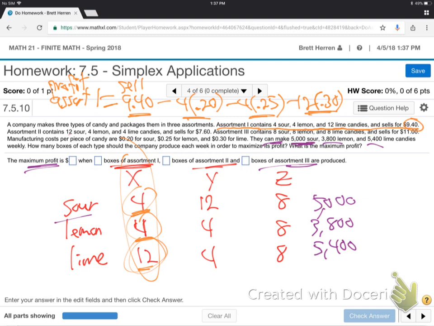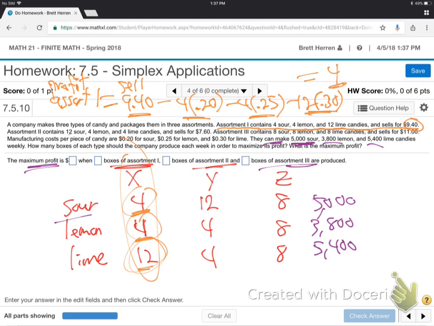Well, if you do all that, what do you get? Is it $4? What did I do wrong? I don't know why I can't get it. 9.4... Yeah, 4.